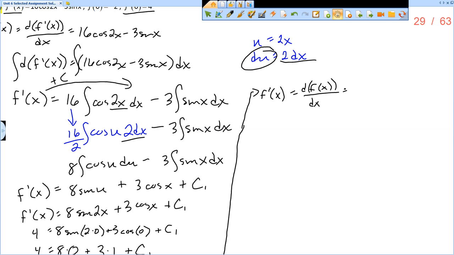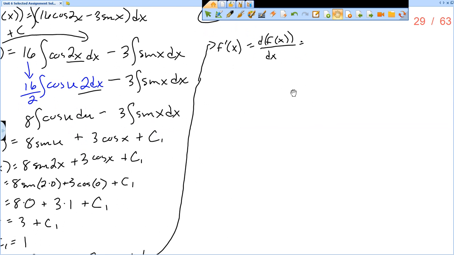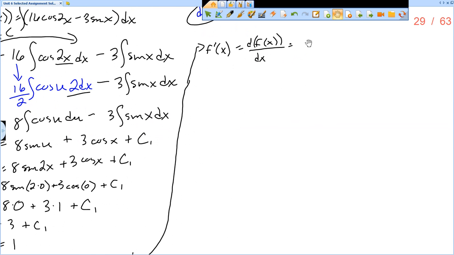And so that means the derivative of f of x is whatever we just got there, right? So that means df of x dx is 8 sine of 2x plus 3 cosine of x plus 1.